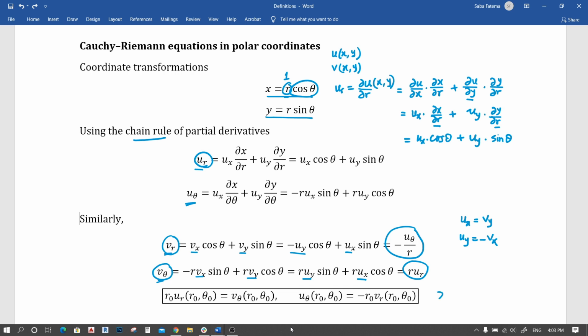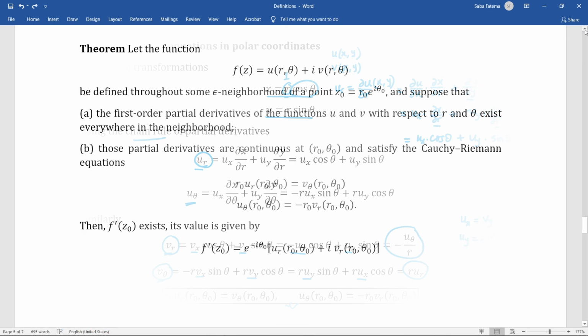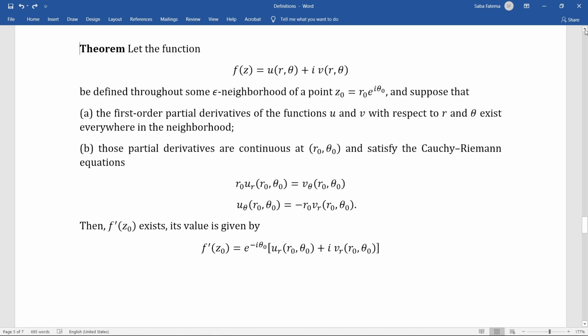Now at a particular point z naught equals r naught theta naught, the Cauchy-Riemann equations take this form. We also have a theorem which states the sufficient condition for the differentiability of a complex function. If the complex function is defined in this way, that is in the polar form, then the conditions are this. The theorem is similar to the one for the function in Cartesian form.